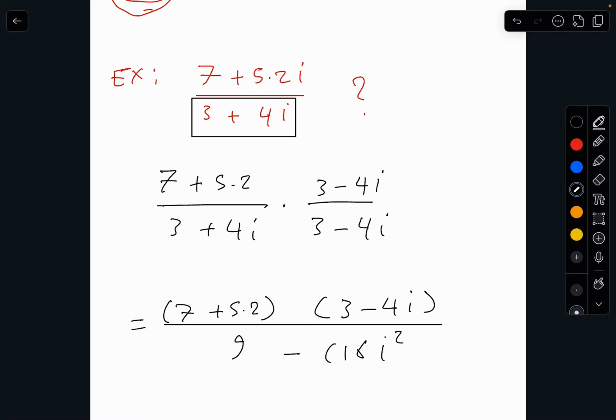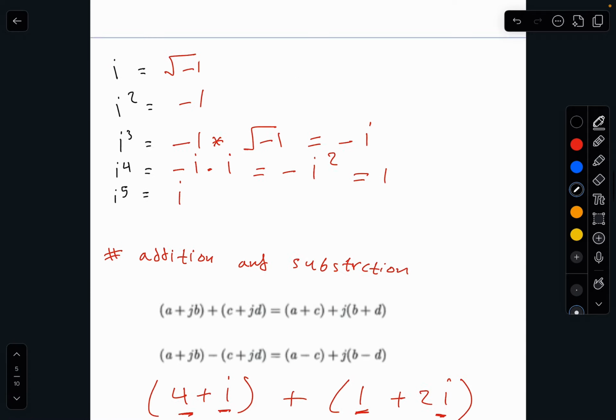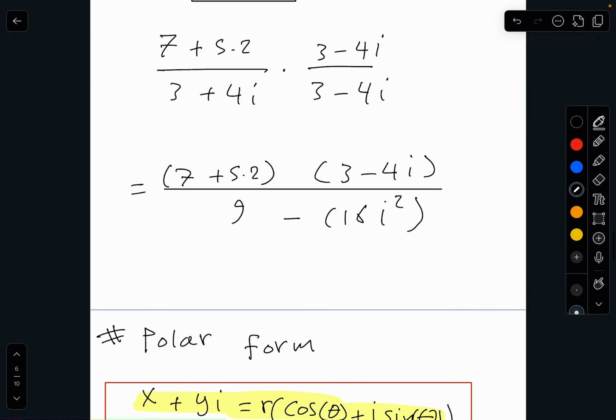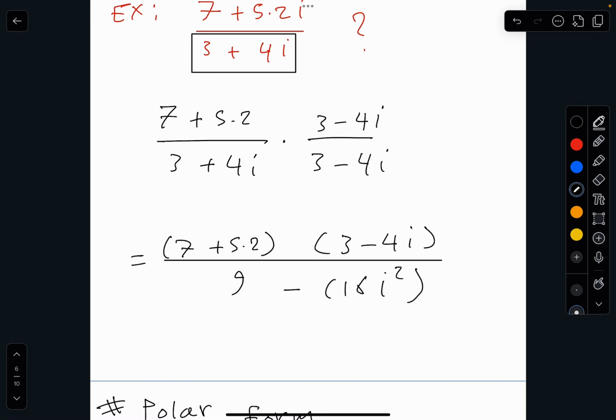And i squared, guys, what did we say? We said i squared is minus 1. So we will remove that and put minus 1 here, okay? And let's remove them all now, since we know already it's minus 1, and change it here to plus.